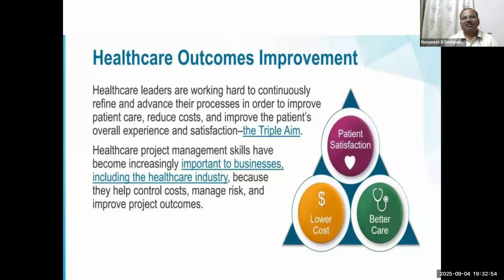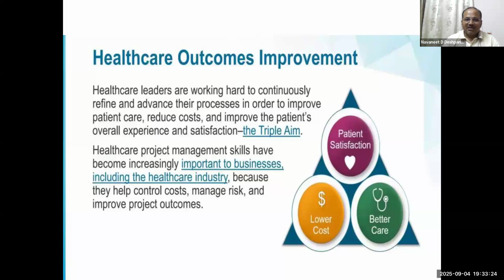Actually, it began with the manufacturing industries, and the same kind of techniques were then implemented in the services sector. Now it has percolated down into healthcare systems. Healthcare project management skills have become increasingly important to businesses, including the healthcare industry, whether in manufacturing of pharmaceuticals, in hospitals, or even in small units of healthcare operations.